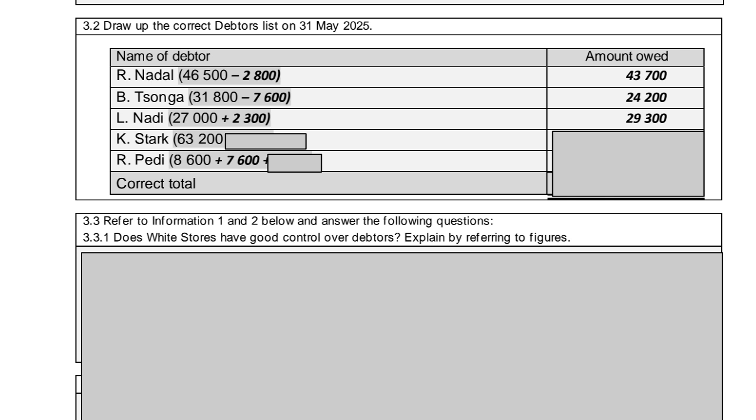You get an answer of 2,700 Rand. So that amount needs to be taken off from his account. So what is 63,200 Rand minus 2,700? That doesn't belong to his account. You then get an answer of 60,500 that he now still owes.